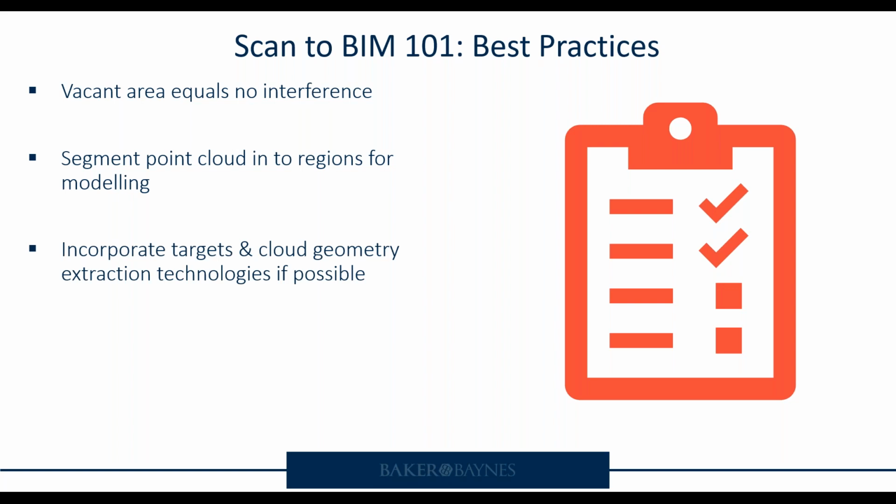When you're looking for something that's really precise, you need to incorporate targets. And of course, like I said, cloud extraction technologies if possible. If you're not aware of what targets are, they are predefined survey points that are taken off a building before you could actually do the scan. So it has an X, Y, and Z coordinate attached to it. We normally use like a checkered board against the wall. That is a mapped out point.